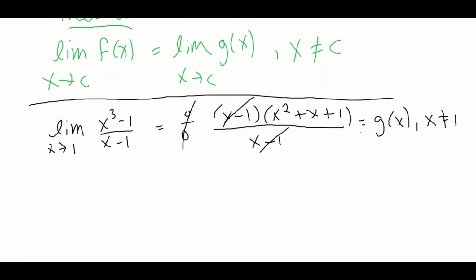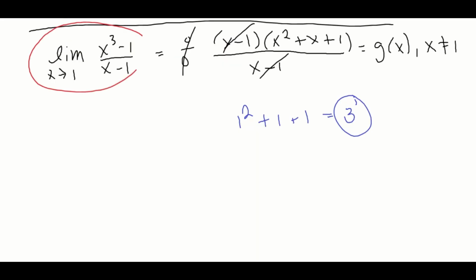In g of x, we can use direct substitution. So plugging in 1 where we see x, we get 1 squared plus 1 plus 1, which simplifies into 3. So the limit of our original function, f of x, as x approaches 1, is 3.